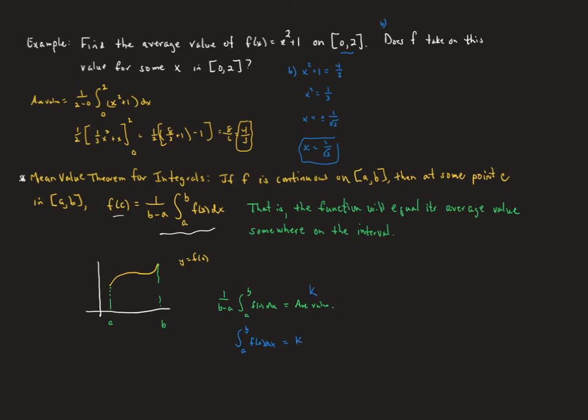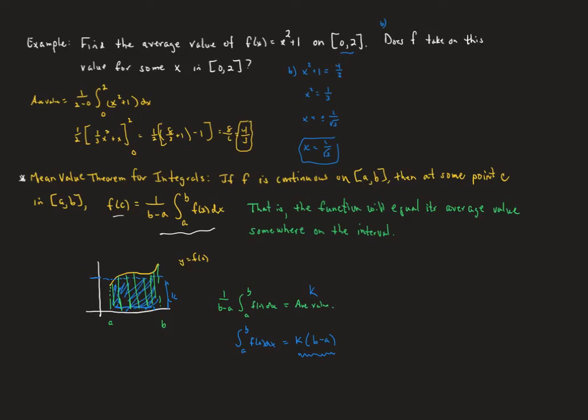So this k, if we multiply that b minus a to the other side, we see that this is a rectangle, k by b minus a, and this rectangle is equal to the area under the curve between the curve and the x-axis. That's kind of the visual that goes with that.